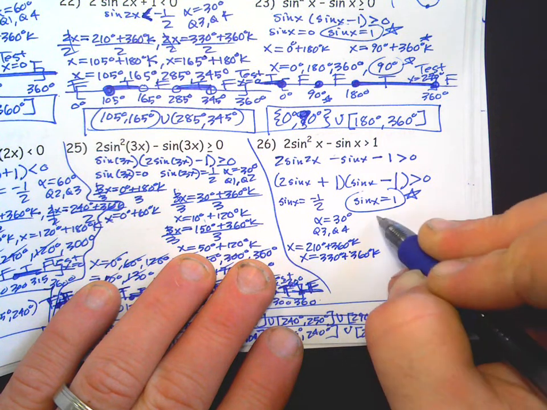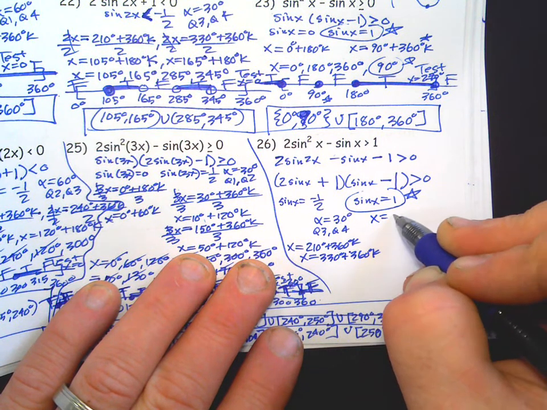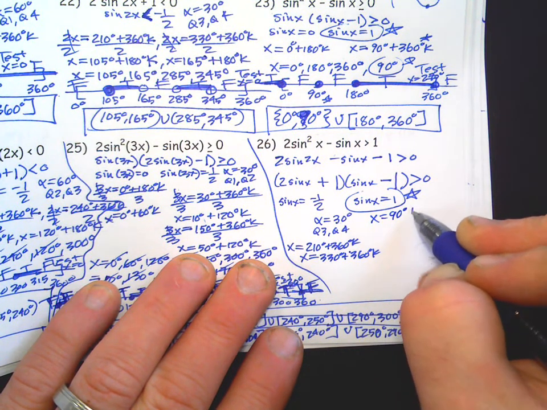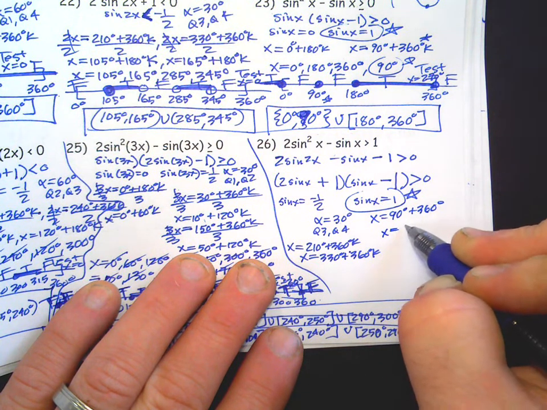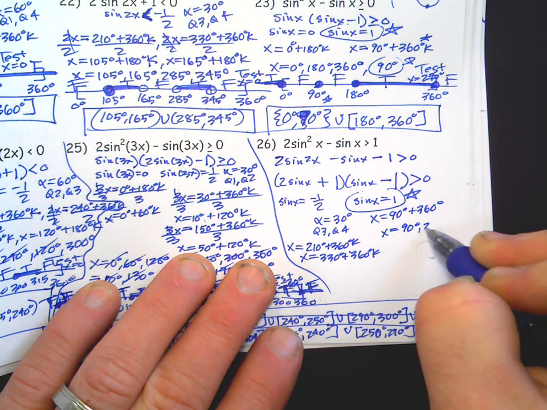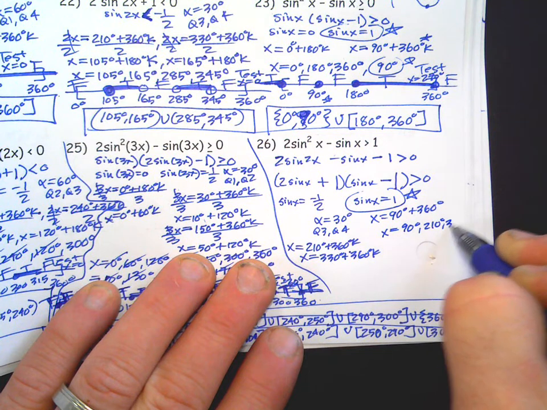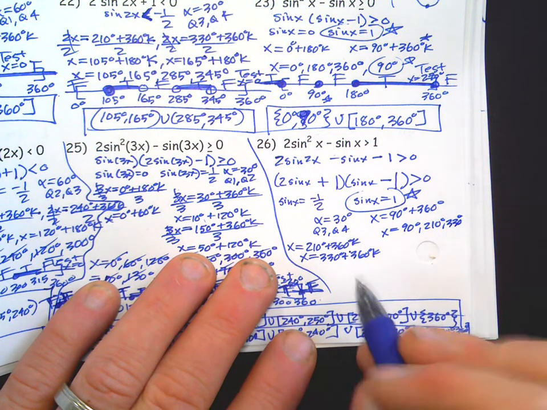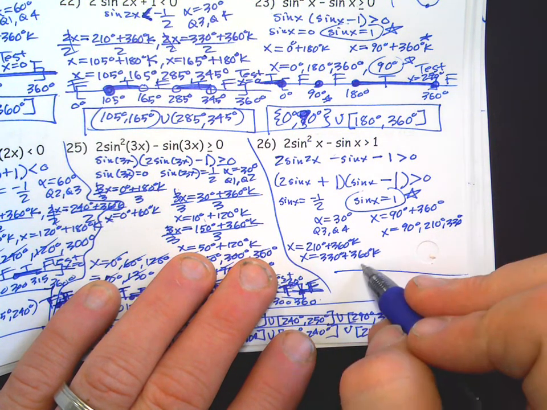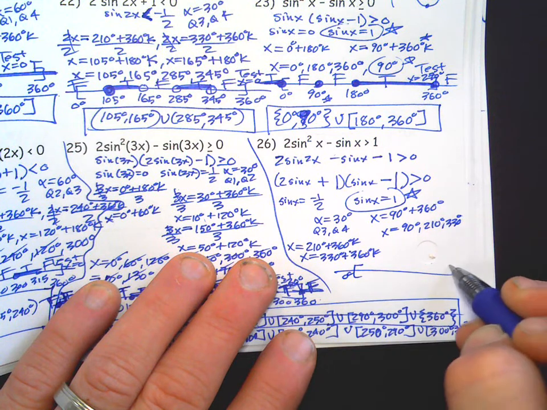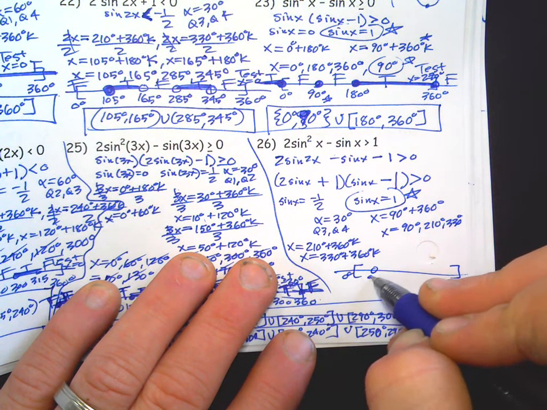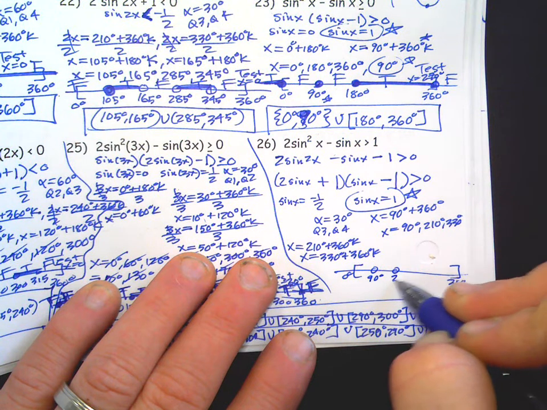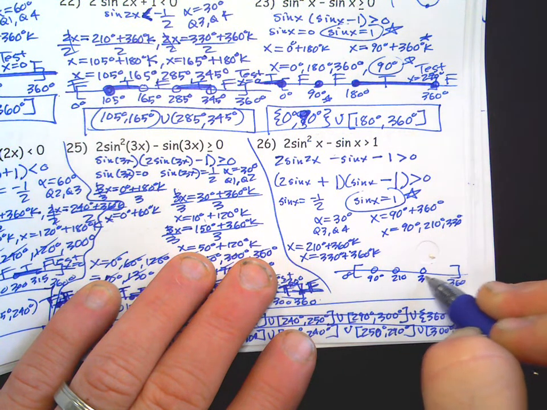And sine equals 1 at 90 degrees, plus 360k. So we have 90, 210, and 330. Wow, I was needing a break like this. So from 0 to 360, these are open dots at 90, 210, 330.